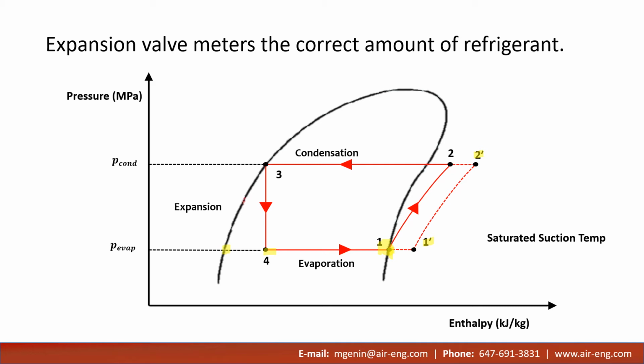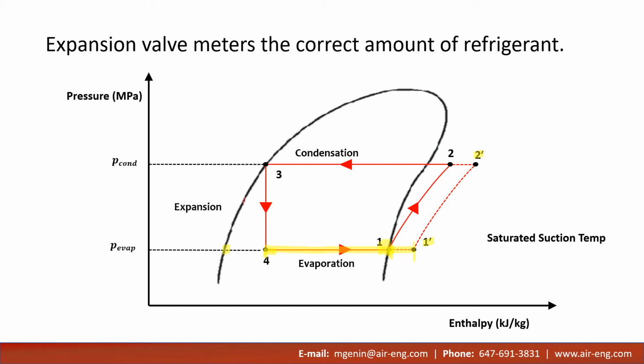It doesn't necessarily mean we're getting more cooling capacity because the distance from point 1 to 1 prime is now larger because of this increased enthalpy. The cooling load is the enthalpy multiplied by the flow rate of the refrigerant in the system.